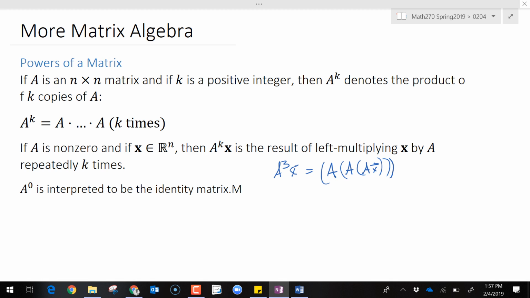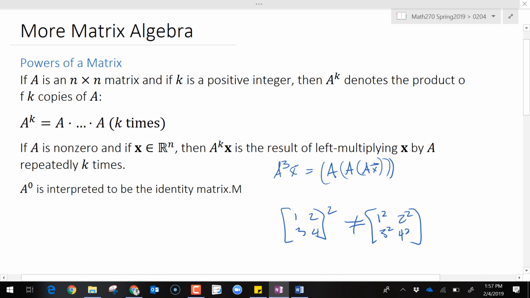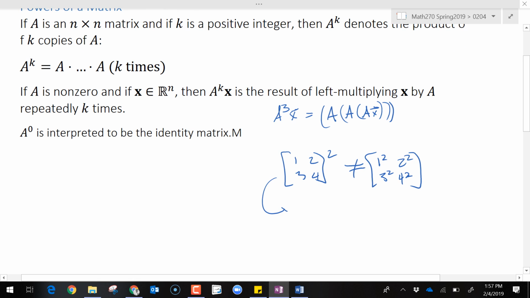No, A squared, 1, 2, 3. So 1, 2, 3, 4 squared is not equal to 1 squared, 2 squared, 3 squared, 4 squared. So A squared instead is actually 1, 2, 3, 4 times 1, 2, 3, 4.